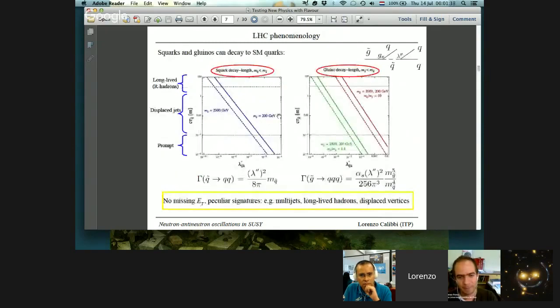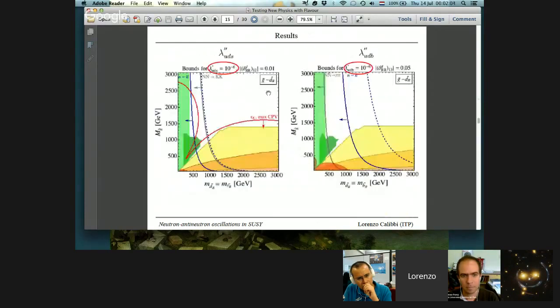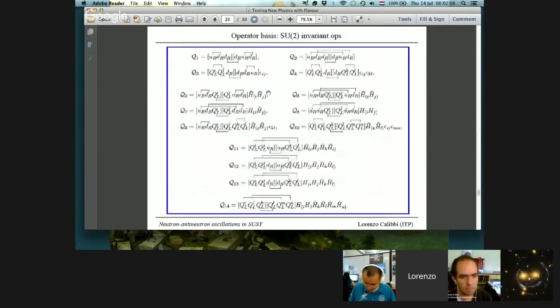Good point. Here it's the simplest thing we could do, just generating a fully right-handed operator. And of course, as you mentioned, you then have to assume a source of flavor violation in the right-handed squark sector, which is beyond minimal flavor violation, as we know.